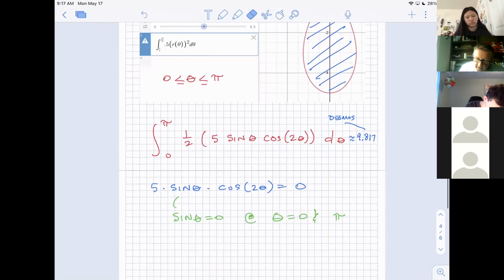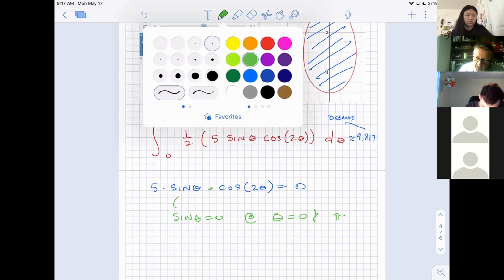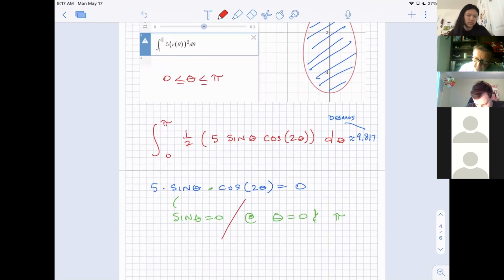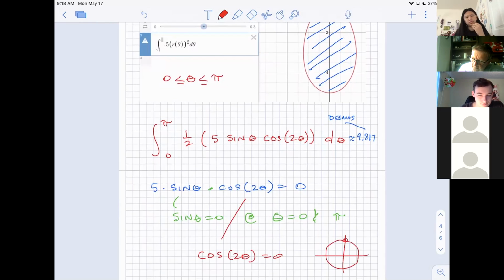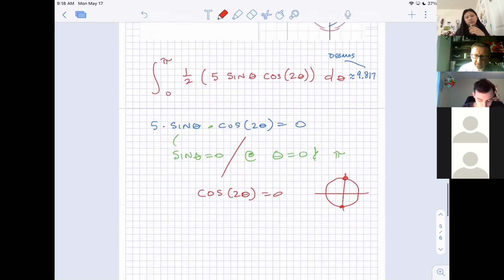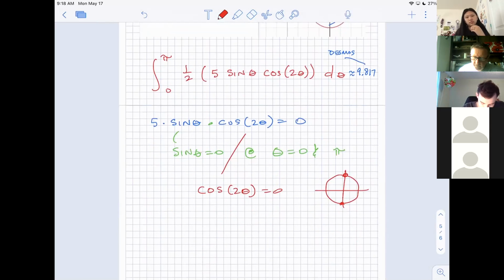But notice we love this multiplication sign because it means there's another set of answers, which is where cosine of 2 theta is equal to 0. So on the unit circle, where is the cosine equal to 0? Oh, that's right. That's here and here. Isn't that the 2 places? Cosine is the x coordinate.